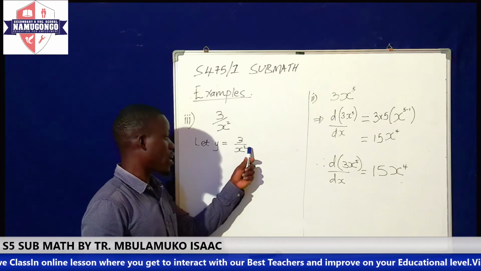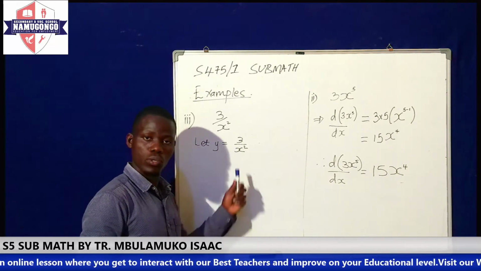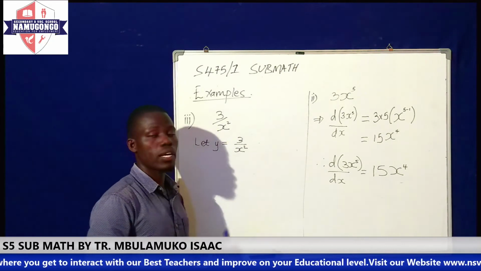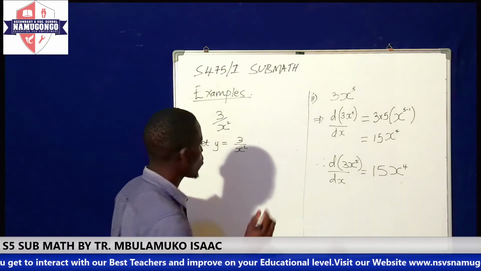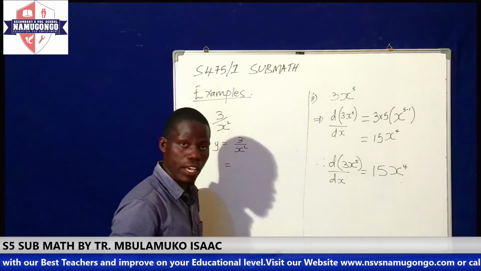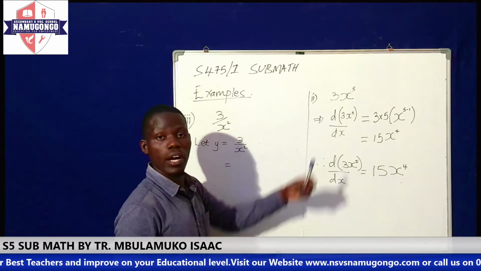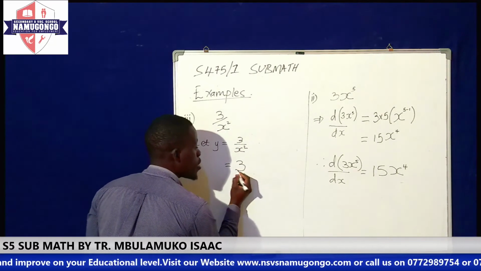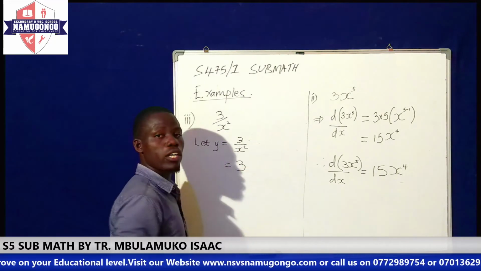So for this case, our power on x in the denominator is positive. When we take it up, it becomes a negative. So we shall first simplify it in a form where we can easily differentiate. So we shall get 3, and we take our x to the power 2 up.